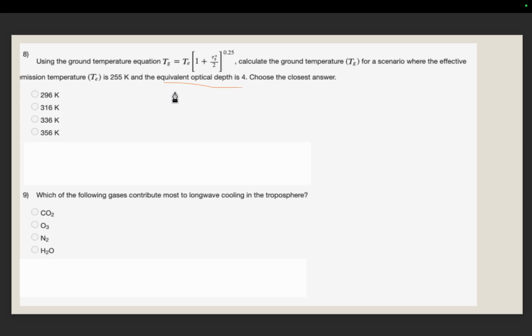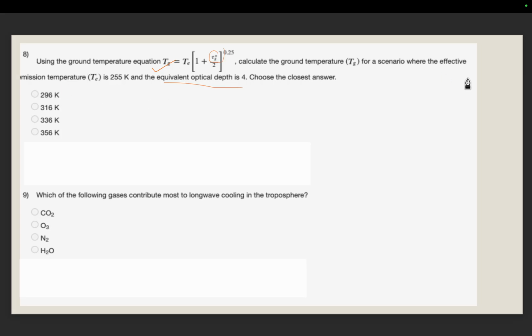That is, the ground temperature equals the emission temperature times some factor, which takes care of the optical depth of the ground, or the effective optical depth. And the effective optical depth of the ground is put in while computing the ground temperature.